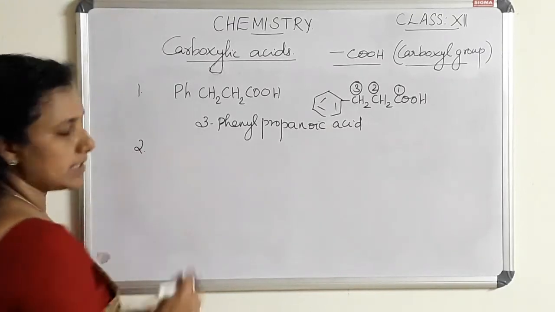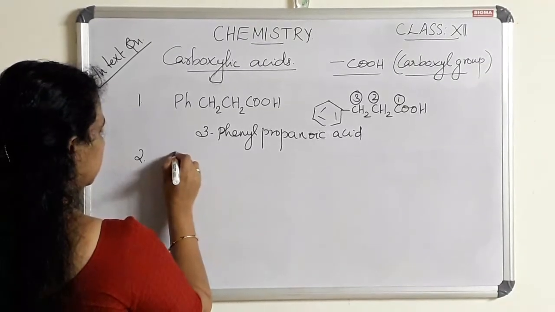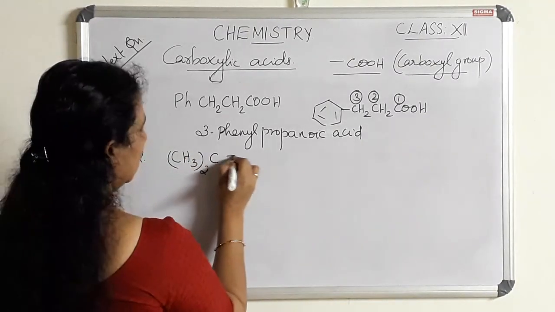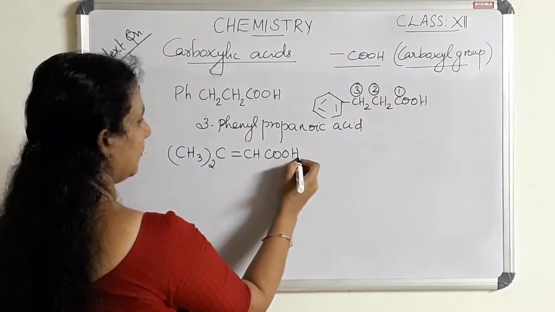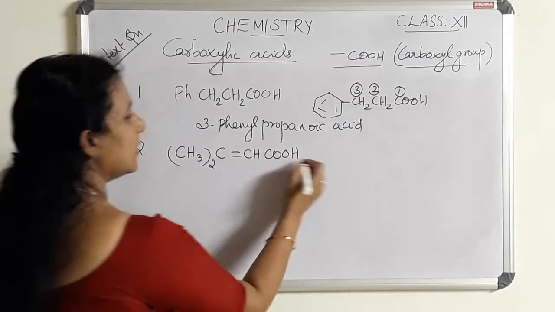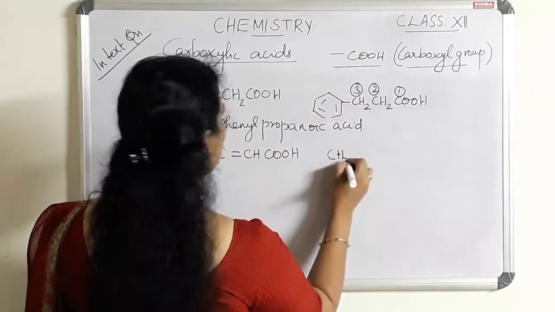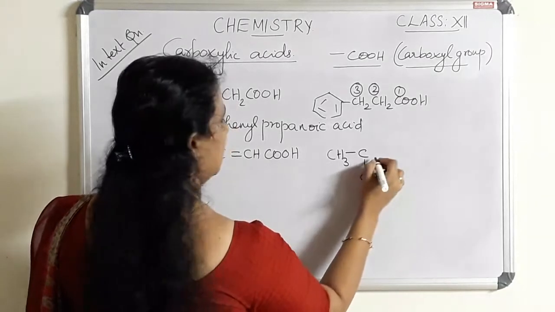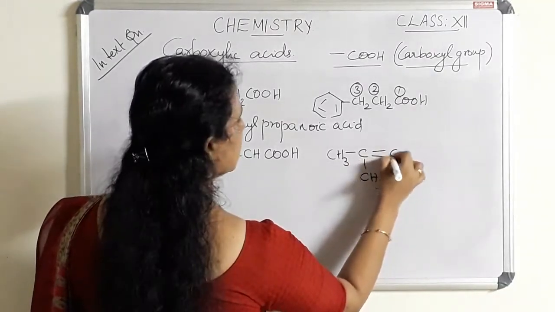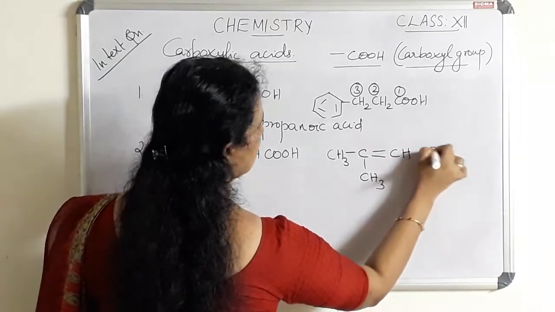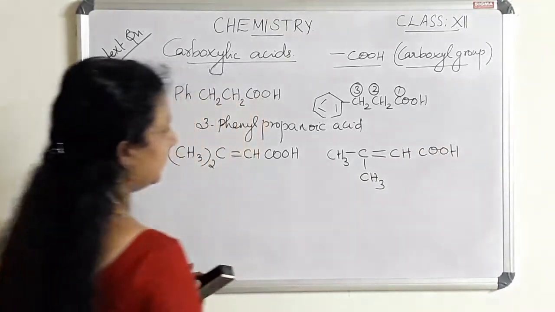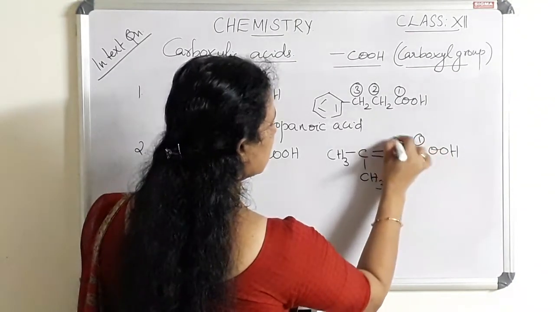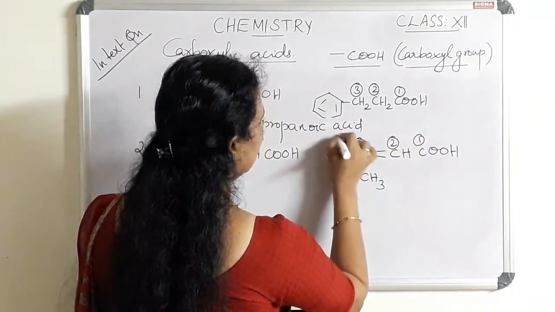Then the second question is CH3 twice, C double bond CH. So this is the question. Let us write it in a different way: CH3, C double bond C, H, COOH. Let's number it: first, second, third, fourth.